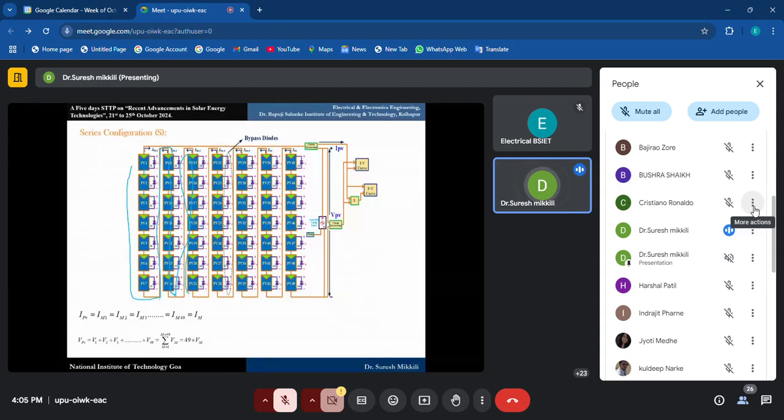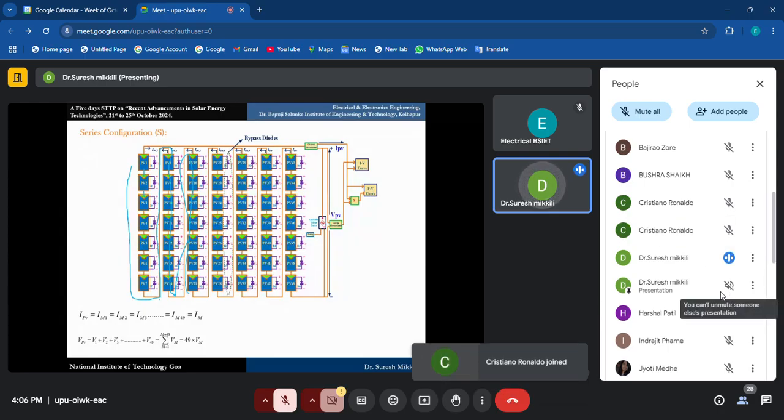So in a series configuration, even though 49 modules are there, the current will be equal to a single module current, and the voltage will be equal to the number of modules times the module voltage. So series configuration will be used for high voltage, low current applications. When a high voltage is required with low current, you can use a series configuration. Hope you understand.